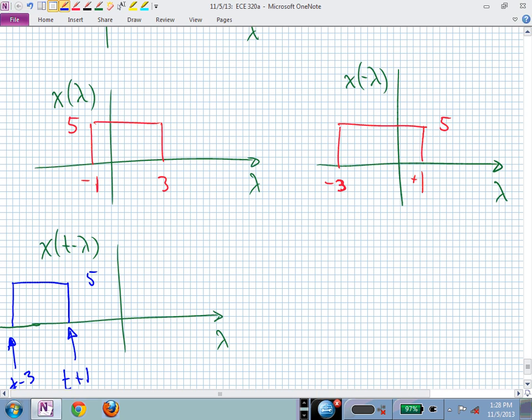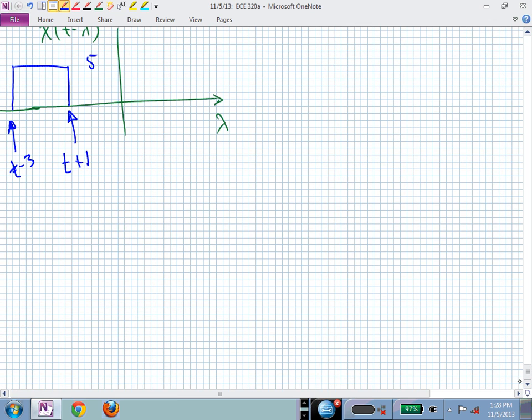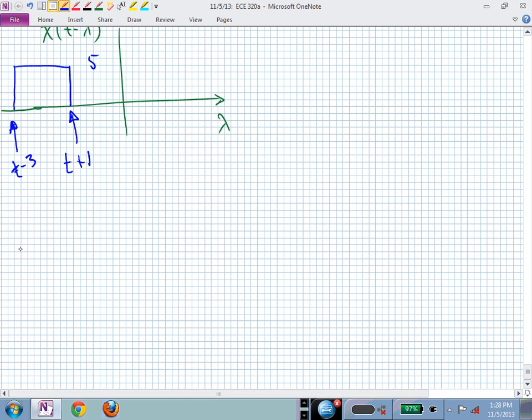Now, that's flipping and sliding. That's the process of flipping and sliding, and we flipped and slid x. Now what we want to do is adjust t to identify different overlap patterns with x of t minus lambda and h of lambda. What do I mean by that? So let me step through that process, or try to.